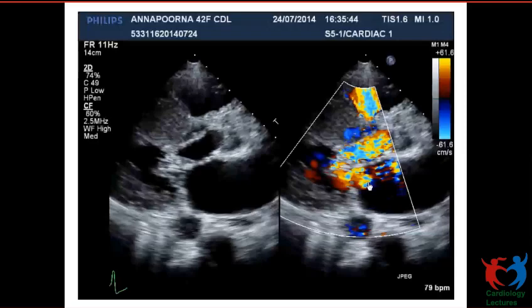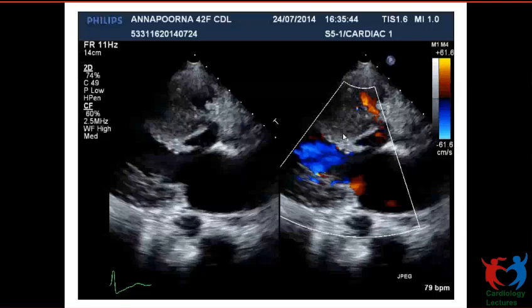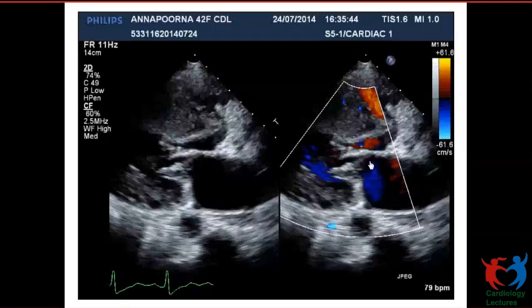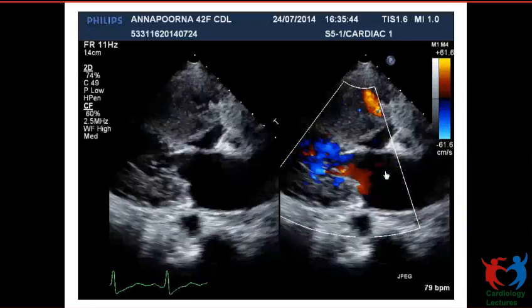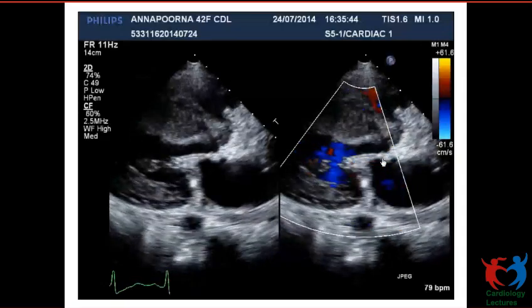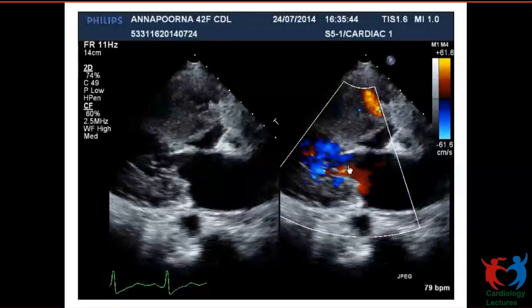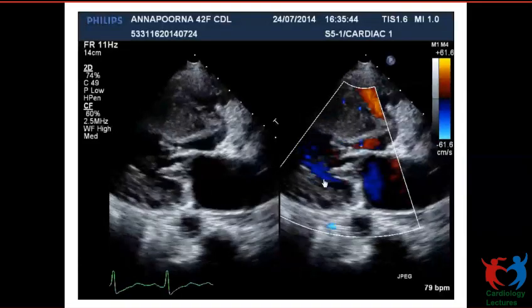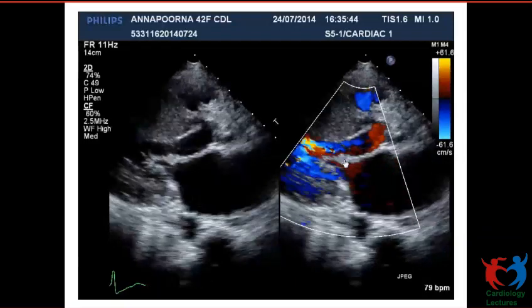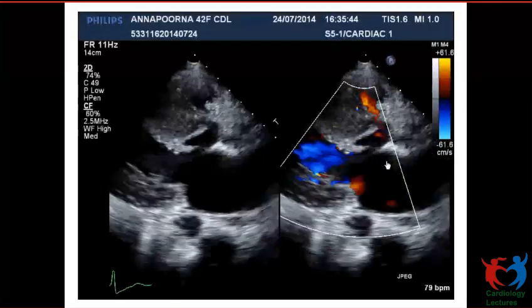Since it is eccentrically directed, probably it is due to SAM itself. If you have a central or anterior jet, then you suspect mitral valve abnormality. Is it clear? The SAM related MR goes posterolaterally, whereas if there is a primary abnormality of the mitral leaflets like prolapse or tear, then you may get a central jet or anterior jet.